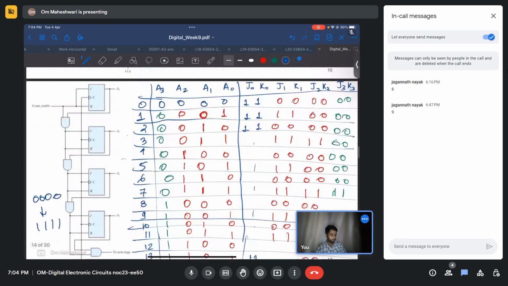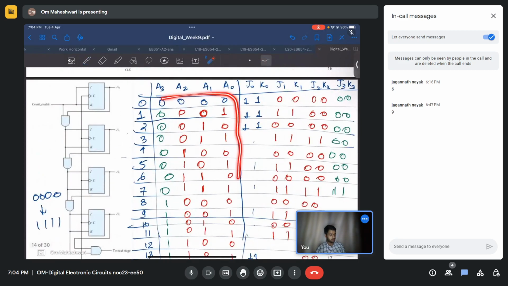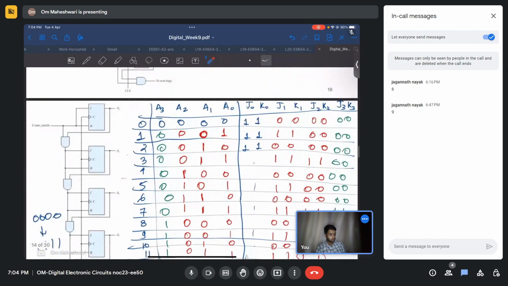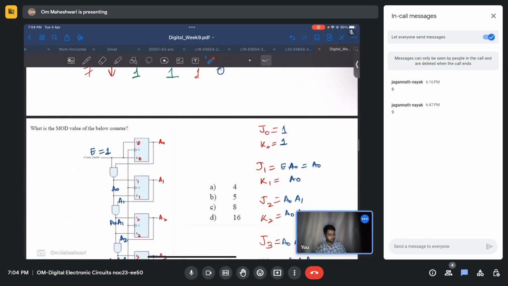Right? This corresponds to 0, 1, 2, 3, 4, all the way till 1, 1, 1, 1, that is 15. So the mod of this counter is 16.